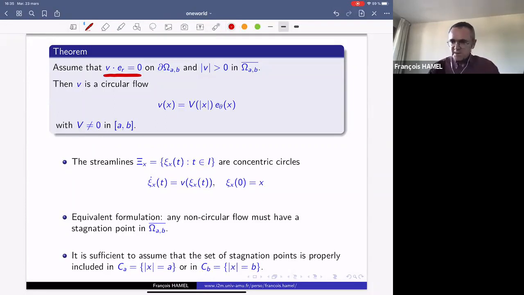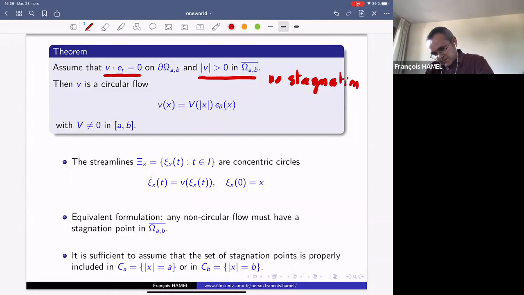This condition means that the wall is rigid. We also assume that the flow has no stagnation point in the closure of the domain.